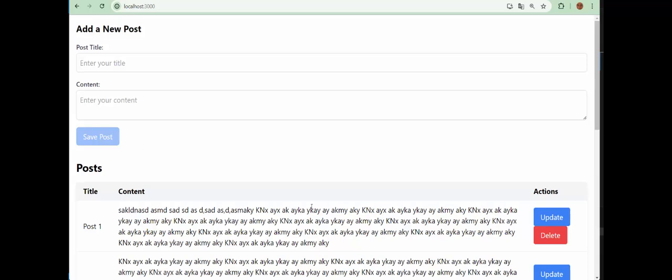It is about Tailwind. Now let's see about React.